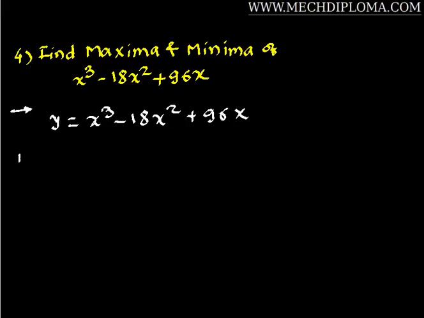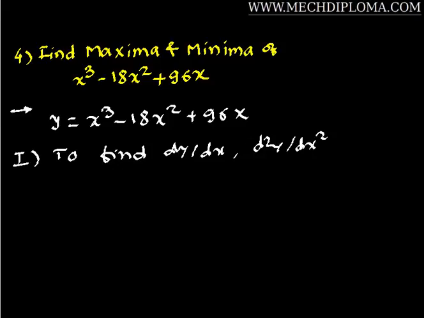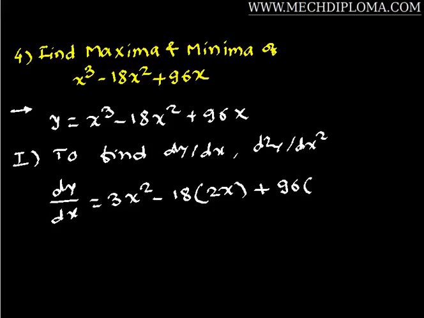The first step is to find two derivatives, first order derivative and second order derivative, d2y by dx square of this equation. So dy by dx is equal to, derivative of x cube is 3x square, minus 18 is constant, derivative of x square is 2x, plus 96 is constant, derivative of x is 1, so it will come out to be 3x square minus 36x plus 96.